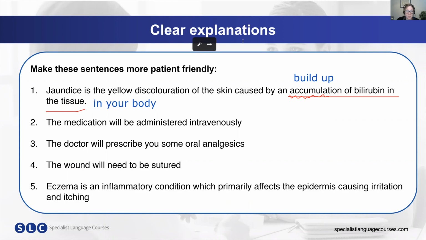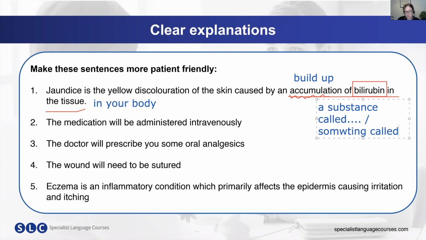So sometimes you have to use the technical terms. And I think you might say bilirubin in an explanation. If you have to use the technical term, you can use things like a substance called, or something called.